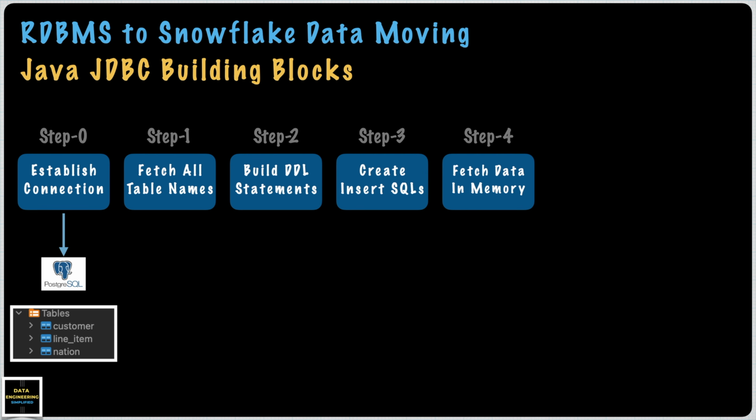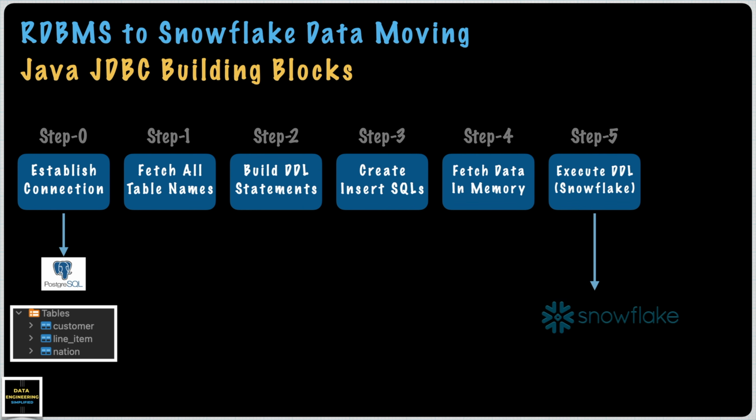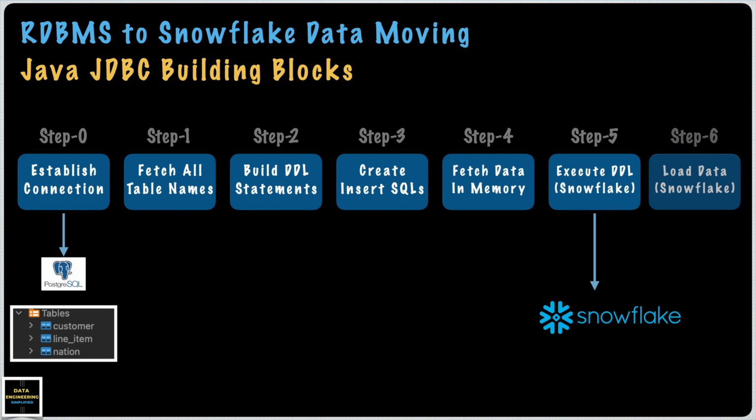If you want, you can also store these SQL scripts as well as data on the local disk and you can call them one by one. Step 5 will establish a connection to Snowflake database and run the DDL statements which were created at step 2. Once step 5 is successfully executed, step 6 will trigger and use the step 1, step 3 and step 4 output and load the data to Snowflake data warehouse.